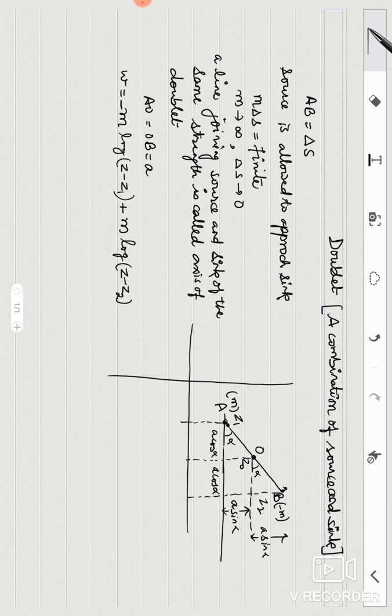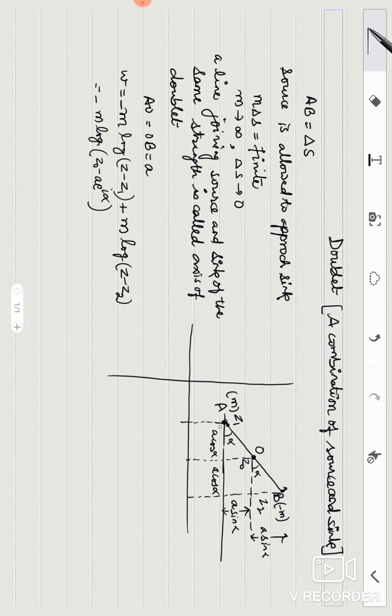Now I would write the values of Z1 and Z2. At this point Z1, I may write this as minus M log (Z0 minus A e raised to the power I alpha). You see here, this is Z0.